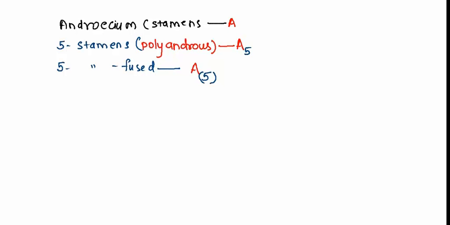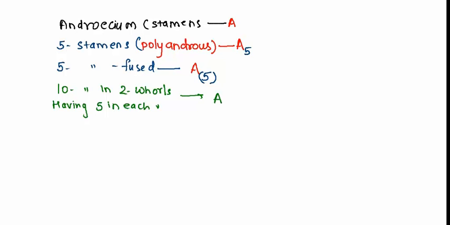If the number of stamens is 10, found in 2 rows with 5 in each row, then it is represented as capital A 5 plus 5. If stamens are absent, it is represented by A having 0 at the base, meaning stamens are absent.